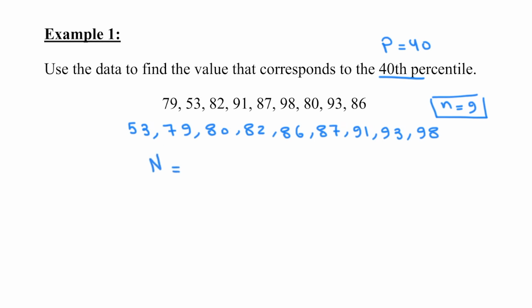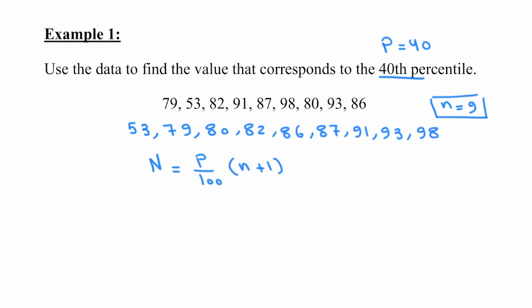n equals P divided by 100 multiplied by the sum of N and 1. Let's replace each variable with its equivalent value.